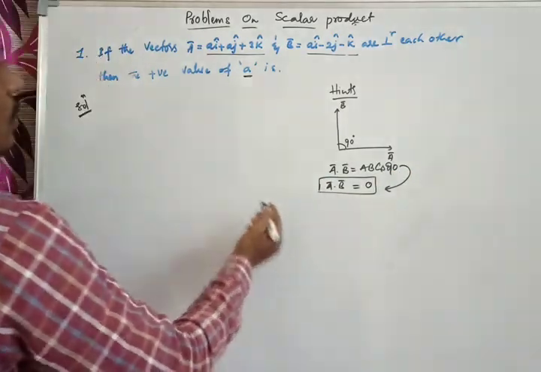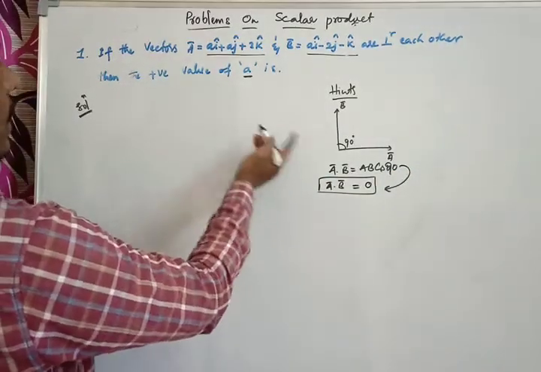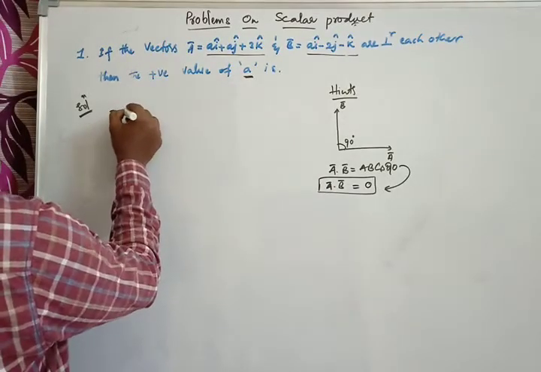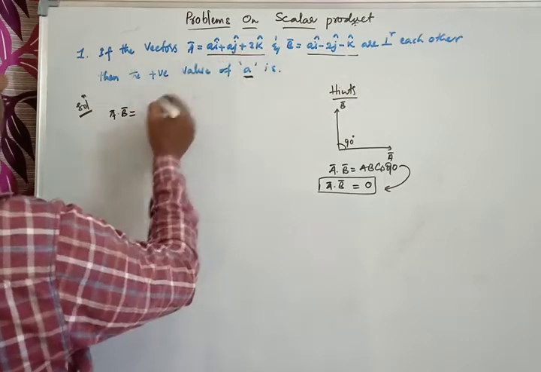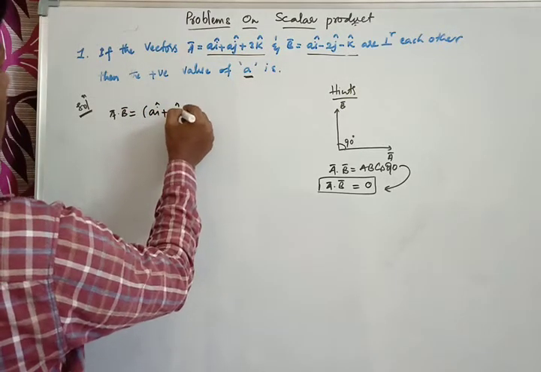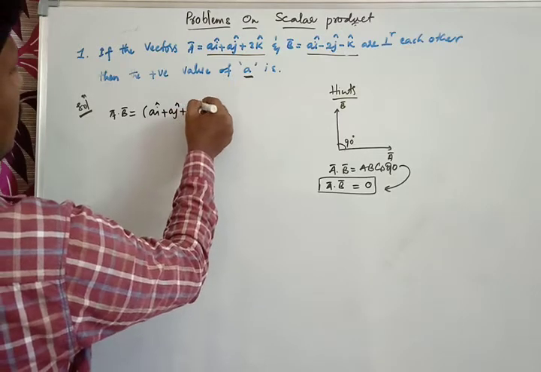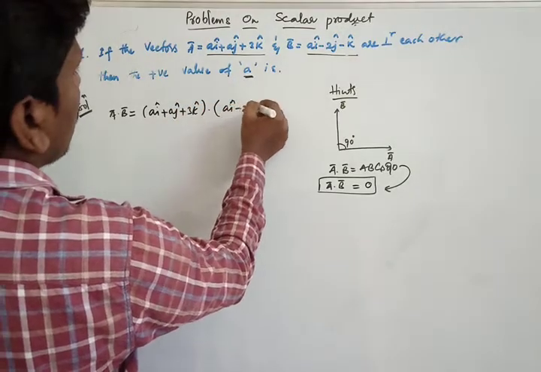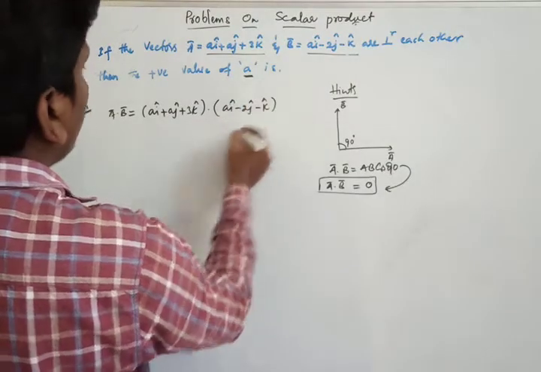Okay, so we need to find out the positive value. Let us do a bar dot b bar. a bar is a i cap plus a j cap plus 3k cap, dot b bar, which is a i cap minus 2j cap minus k cap.